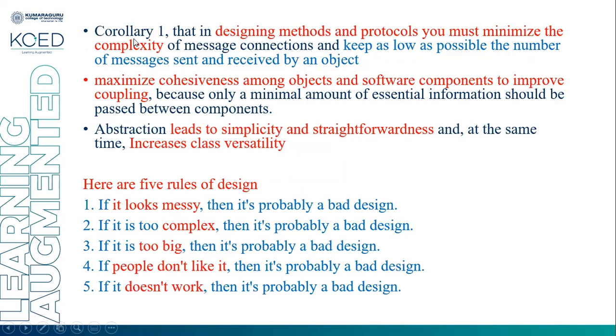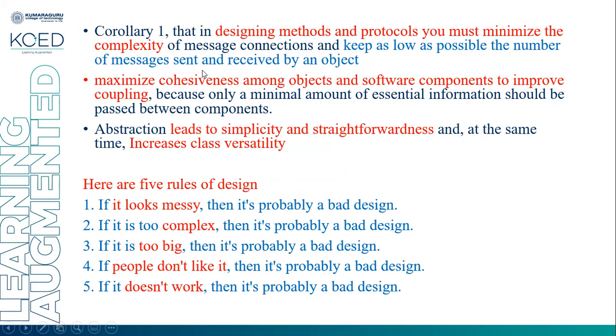According to Corollary 1, when designing a method and protocol, you, as a designer, should minimize the complexity of the message connection and keep as low as possible the number of messages sent and received by the object. Maximize the cohesiveness among the objects and the software components to improve the coupling.